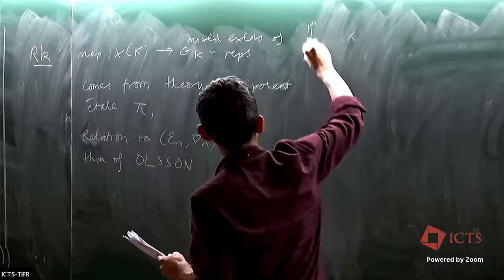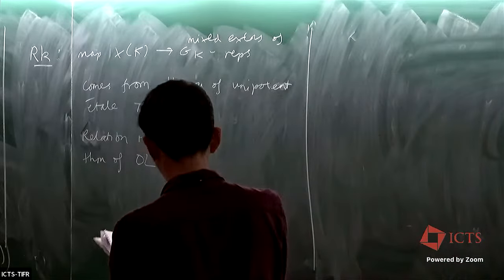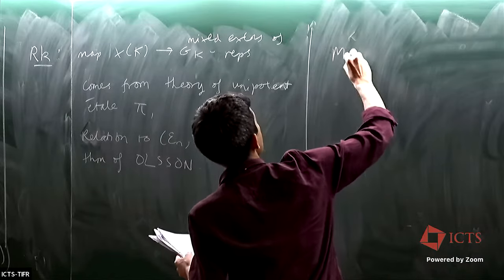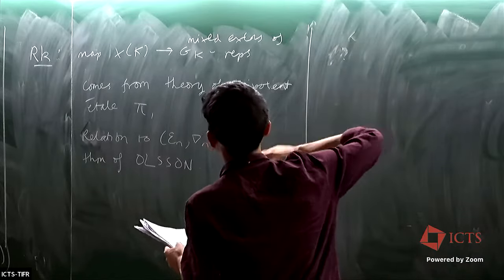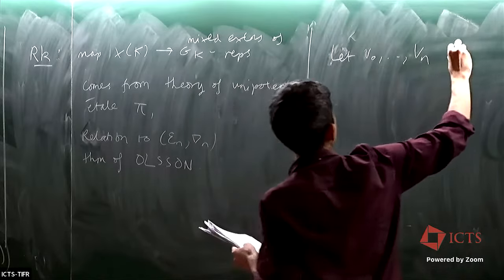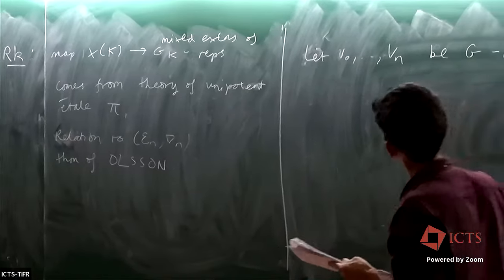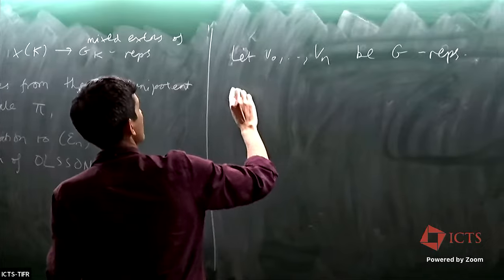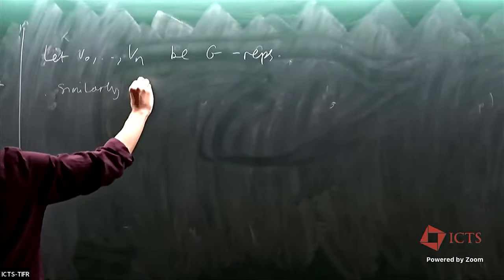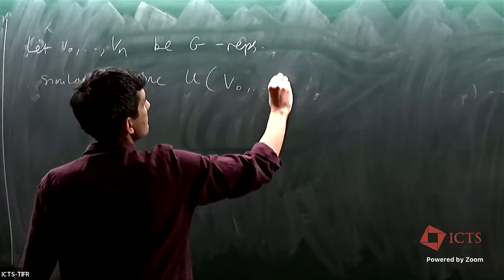Okay, but so how can we now describe isomorphism classes of Galois representations? Let V_0, ..., V_n be some G-representations for some group G. Then we can similarly define this group U of V_0 to V_n.